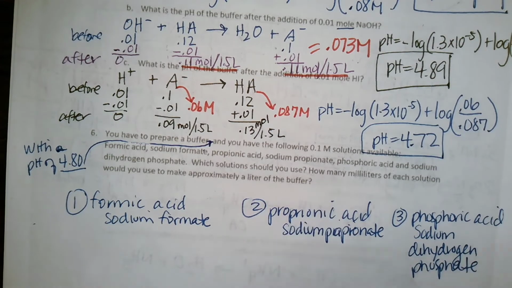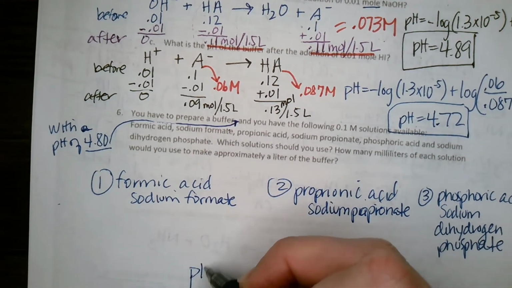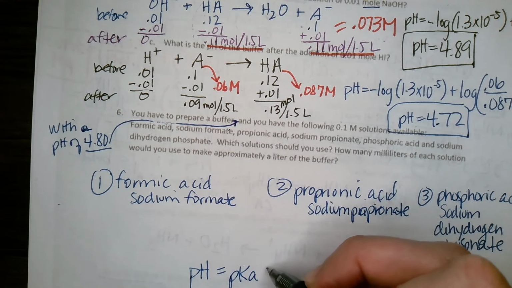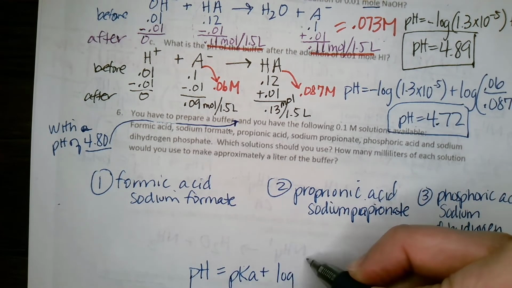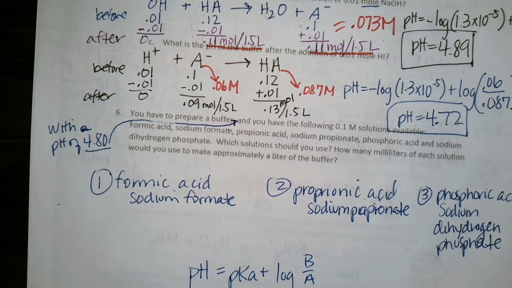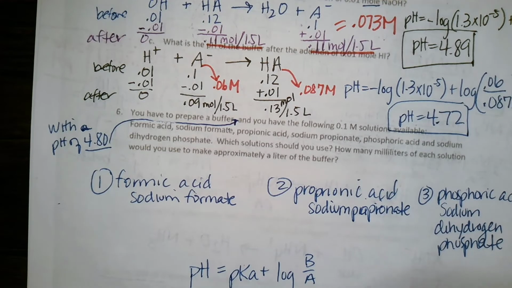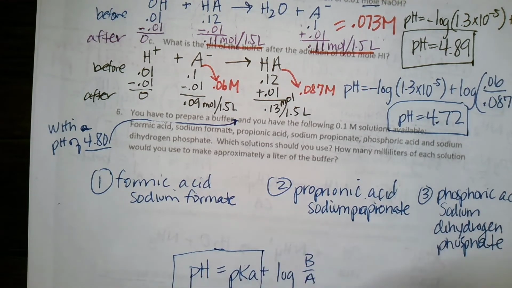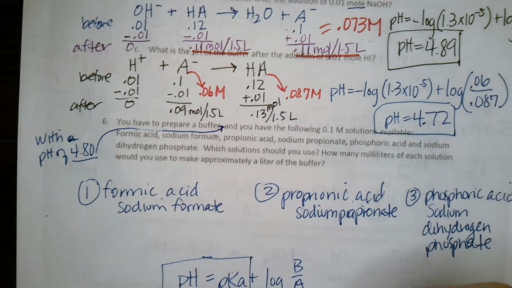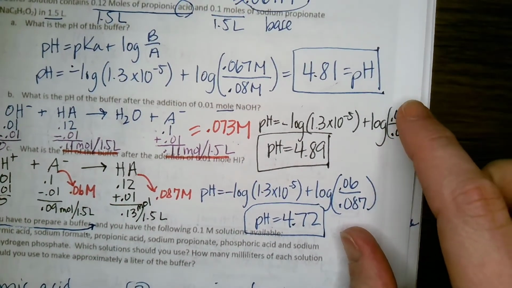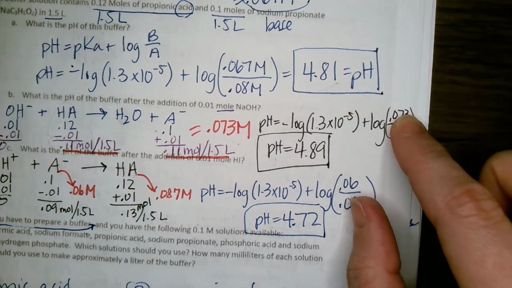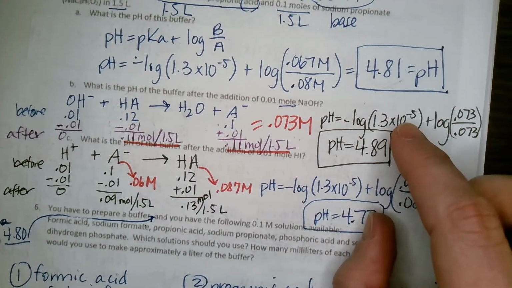Well, think about what we know. pH is equal to pKa plus the log of base over acid. And we know that the ideal situation is that the pH is equal to the pKa. And we had an example up above where we had equal concentrations of the base and the acid, which made the pH equal to the pKa.